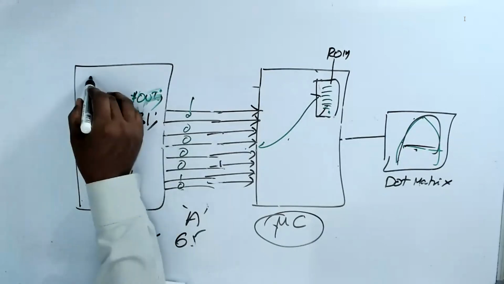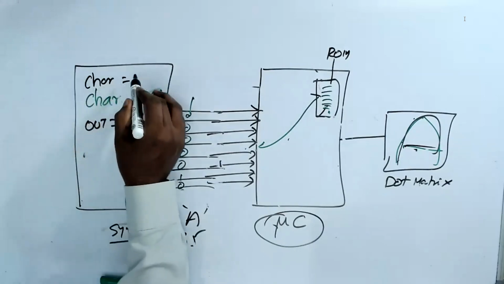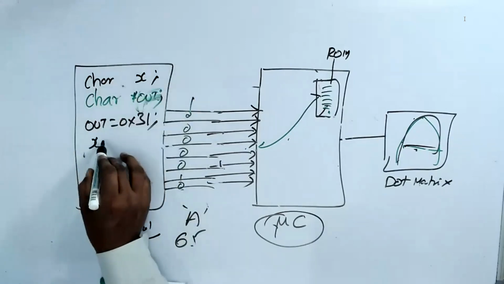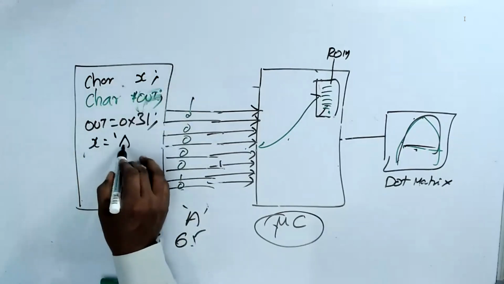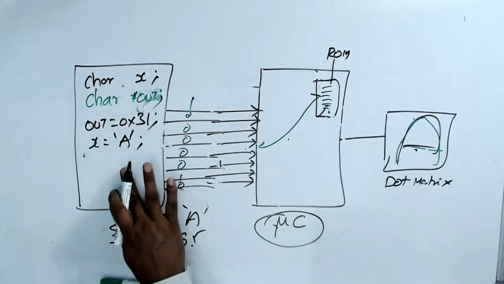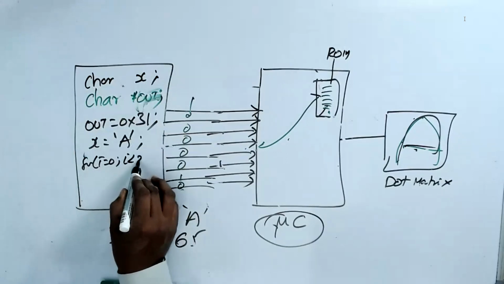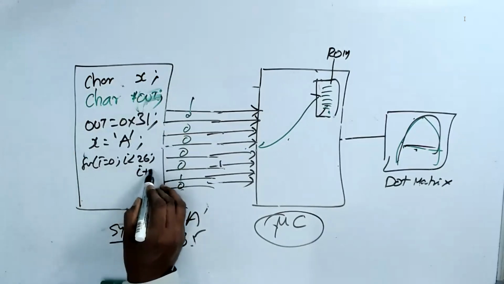I say char X. X is equal to A. Am I right? I say for I is equal to 0, I less than 26, I plus plus.